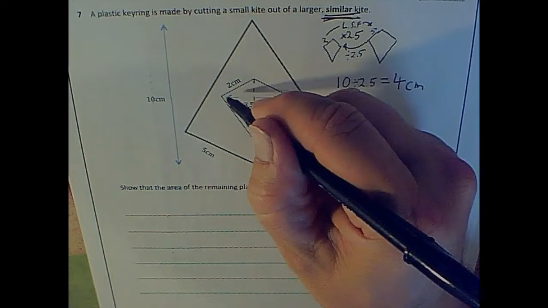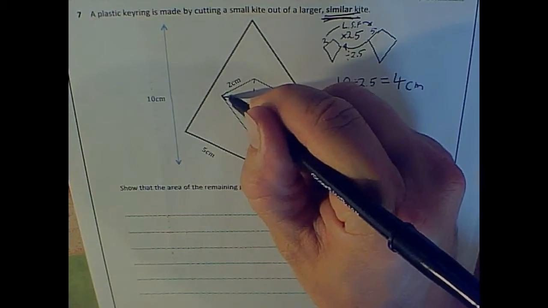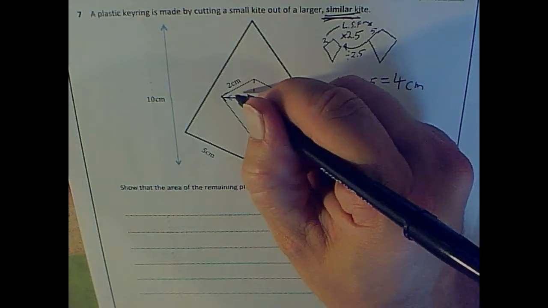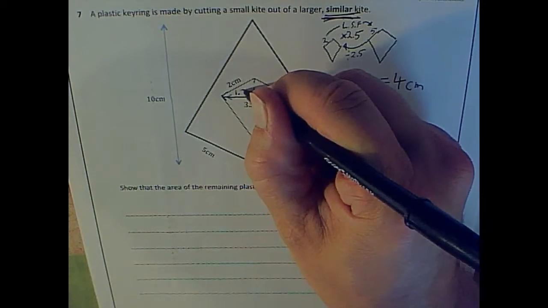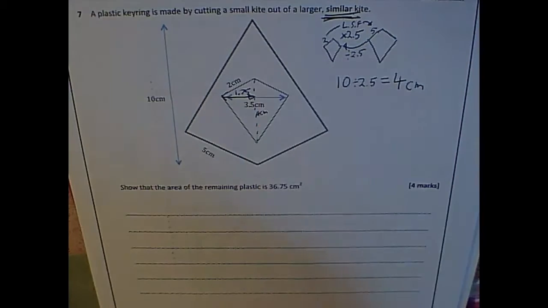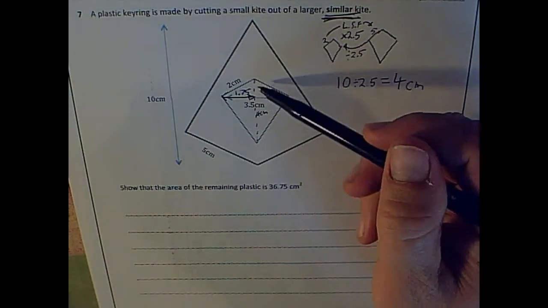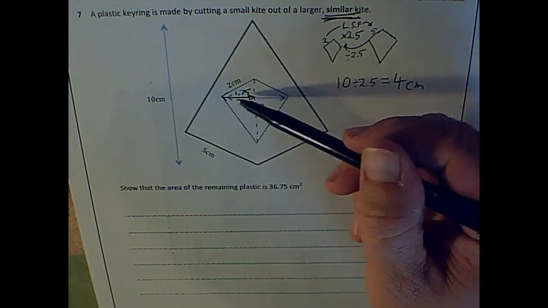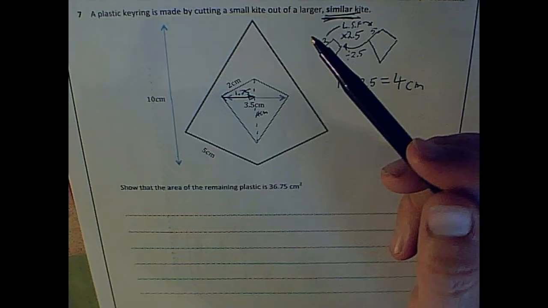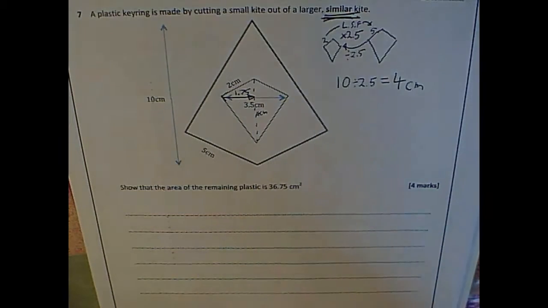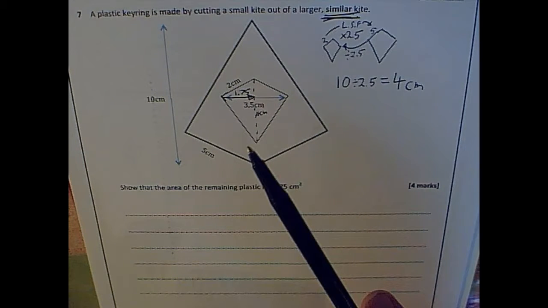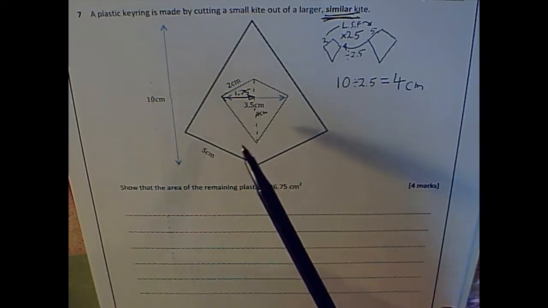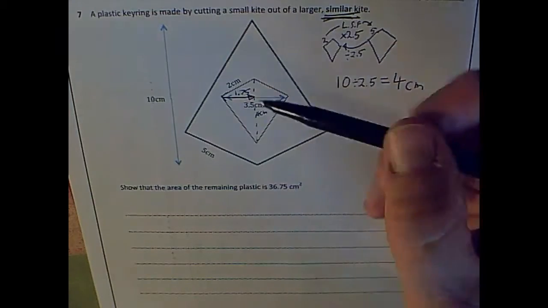Now my height here would be half of the 3.5, so that would be 1.75 centimeters. So this triangle is 4 centimeters by 1.75 centimeters. Now I've got 2 lots of it. Normally for the area of a triangle you do base times height divided by 2. But I don't need to divide by 2 because I've got the other half here.